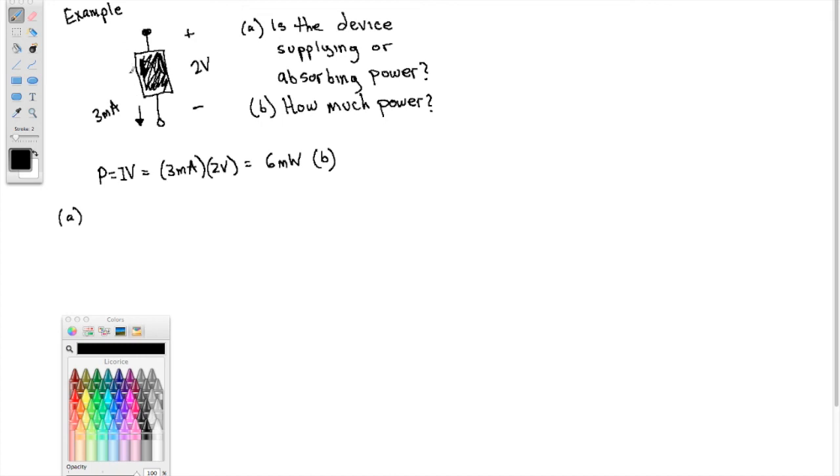The current started here at the higher side. Notice the polarity: this is 2 volts higher than this side, so this is the side with the larger number of blocks in the marble analogy. The current goes through the device and comes out the lower potential side. So that device had to absorb that power.